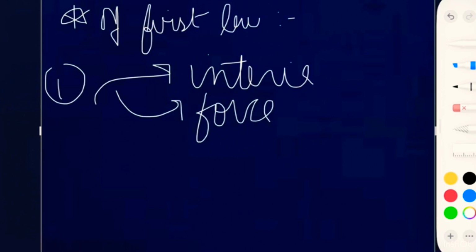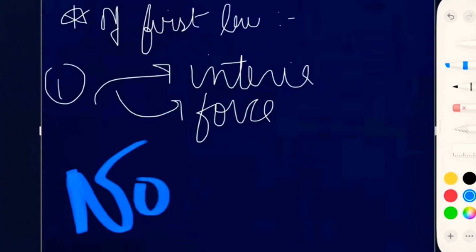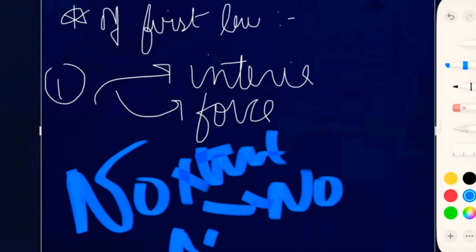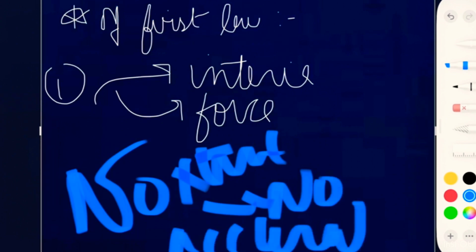From this it can be concluded that the acceleration of an object is zero if there is no external force. If it is having no external force, then no acceleration. No external force means no acceleration.